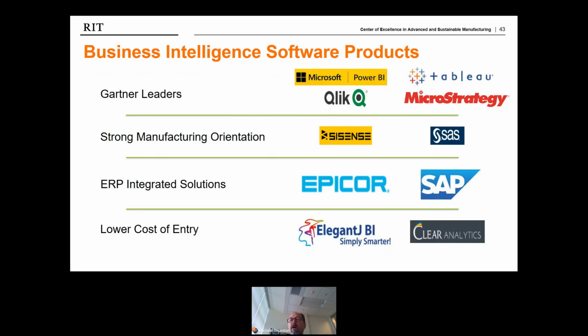Qlik and MicroStrategy are two of the other leaders. It's also worth checking with your ERP vendor to see if they have an integrated business intelligence offering, and you see two companies there that do, Epicor and SAP. Costs can vary widely, but a ballpark is $10 to $100 per user per month. I'll have a little more information on cost following shortly.